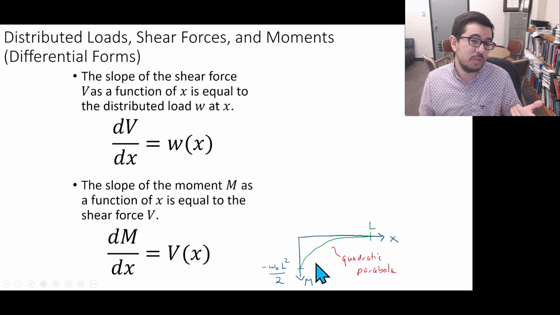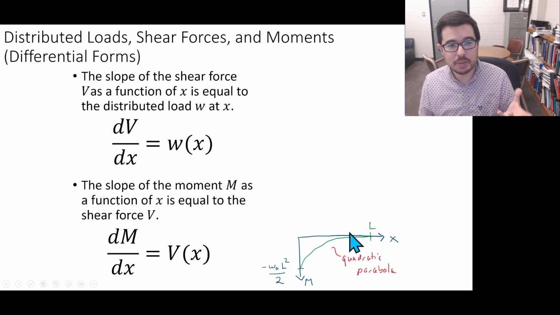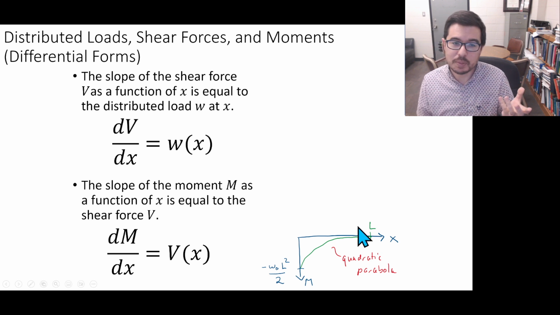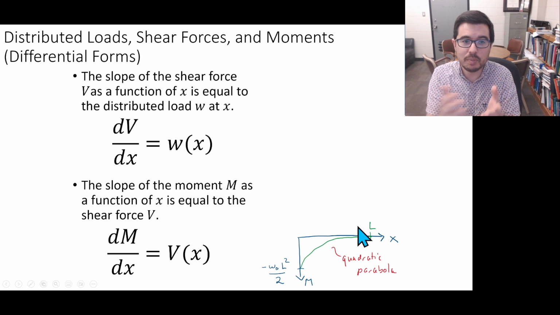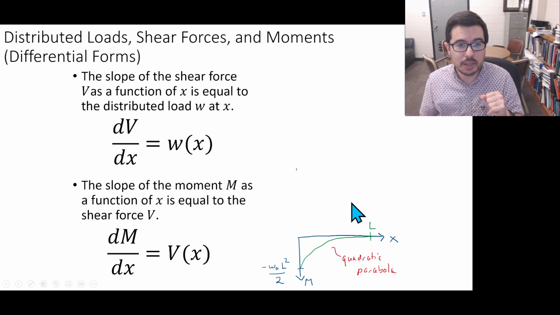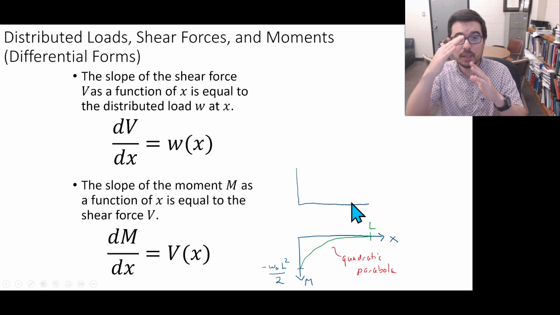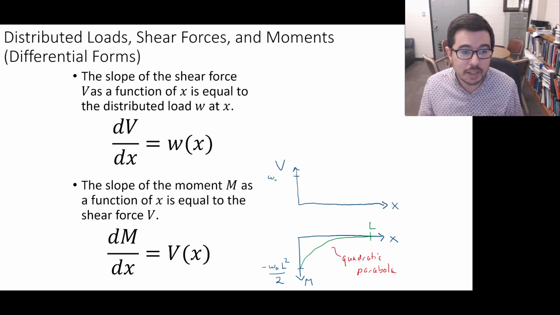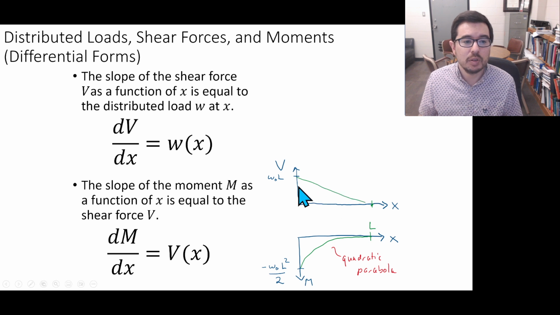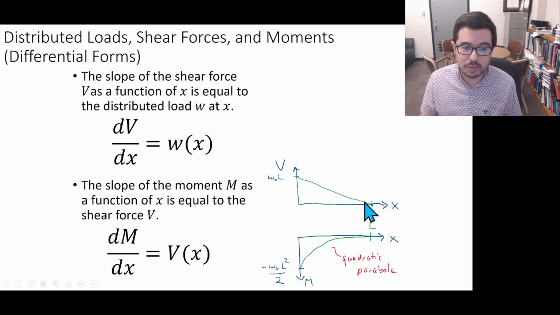And we've said that it looks like it has some type of negative coefficient times maybe an x squared. So what do we expect? If we take the first derivative, we're going to have some type of negative coefficient times x, which would be a negative slope, which would be something like what we see being drawn here. So we might go from some value having a negative slope, okay, between 0 and L.